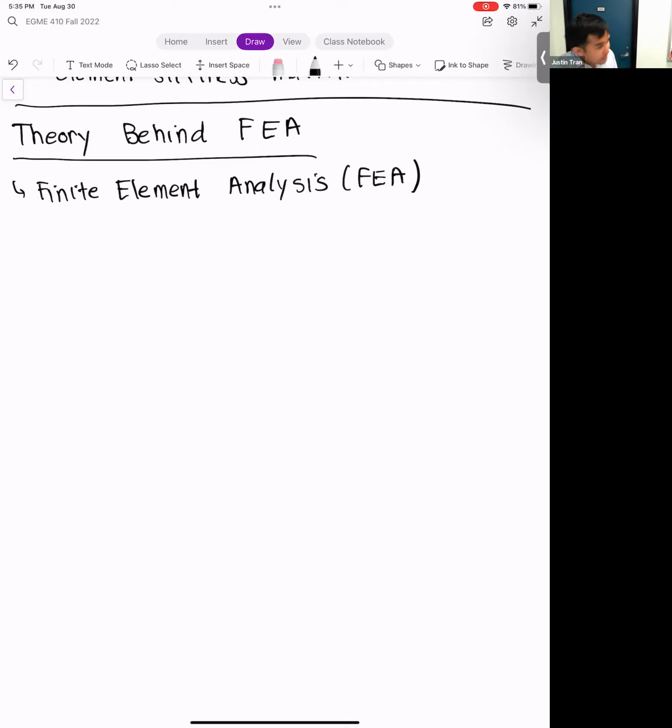The thing about FEA that I think a lot of people don't realize is that it's actually not strictly a computer program. In fact, at its core, FEA has nothing to do with computers and really nothing to do with engineering at all.